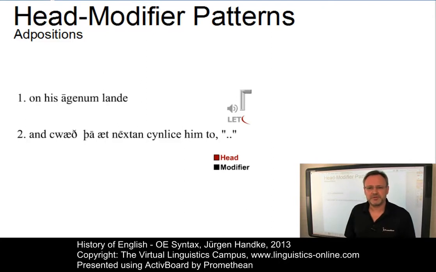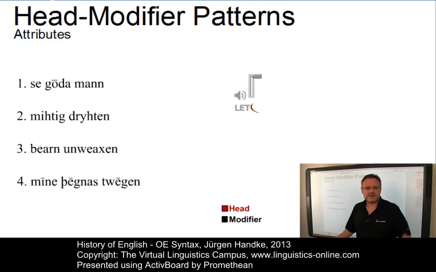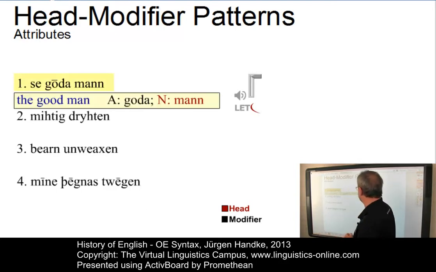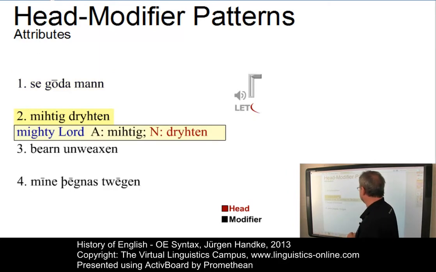Another typical head modifier pattern is the noun adjective pattern, where the noun is the head. Now here we have examples that show that both sequences are possible. In the first two we clearly have the adjective before the noun, se goda man, the good man, and in the next one you had again the adjective before the noun.